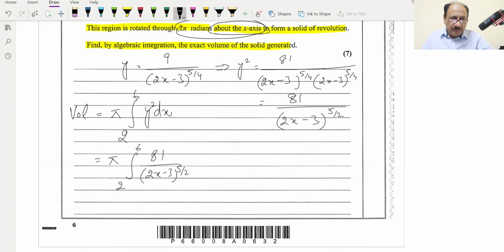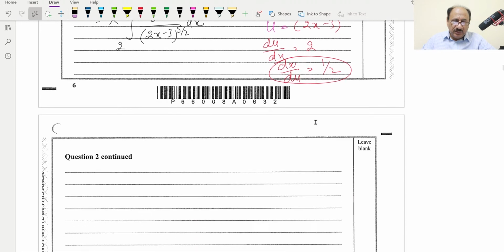We take u equal to 2x minus 3, so du over dx is equal to 2, and if we reciprocate, dx over du will be equal to 1 by 2. So this is the dx over du value which we can utilize.